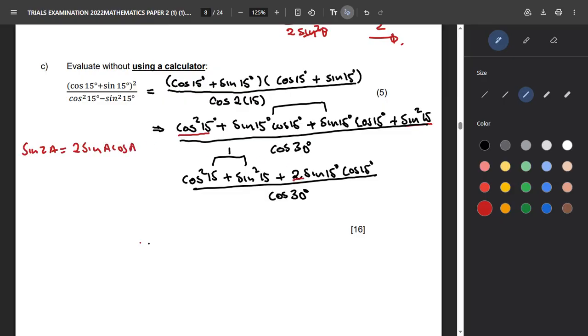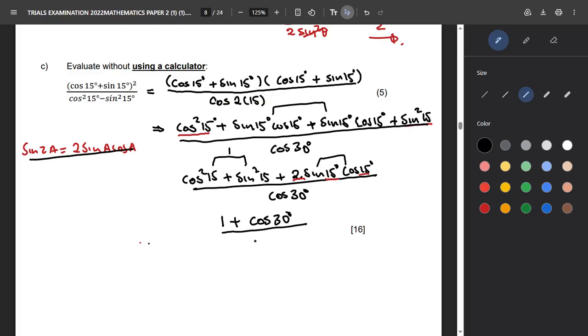Look at this, 2 sine a, the cos a. So we can write that as the sine of 2 times 15, which gives us 30. So this is 1 plus the cos 30, because of that double angle.